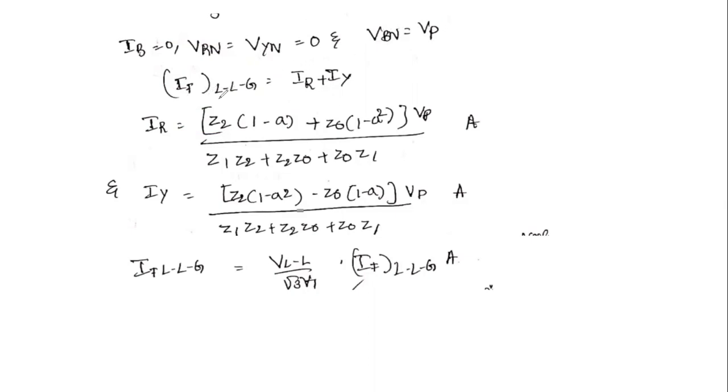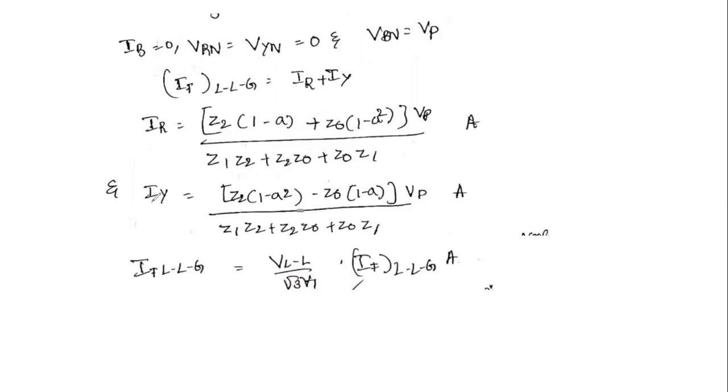Therefore, IF double line to ground is equal to IR plus IY. We have fixed formulas for IR, that is Z2 into (1 minus A) plus Z0 into (1 minus A square) into V phase by (Z1 Z2 plus Z2 Z0 plus Z0 Z1).